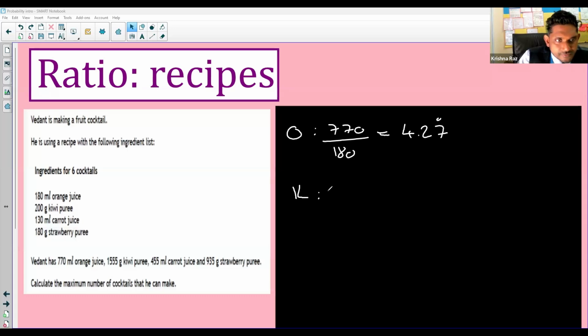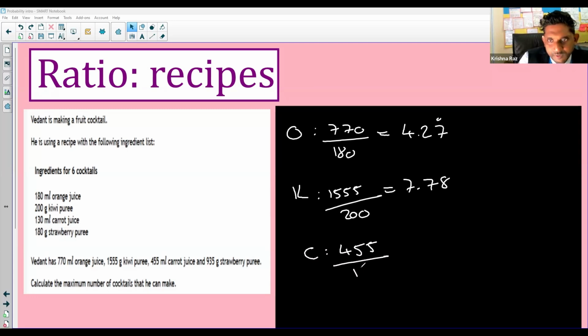Kiwi, we have that divided by 200, which is a big number. So I'm not running out of that first. Carrot juice, 455 divided by 130. 3.5 batches.